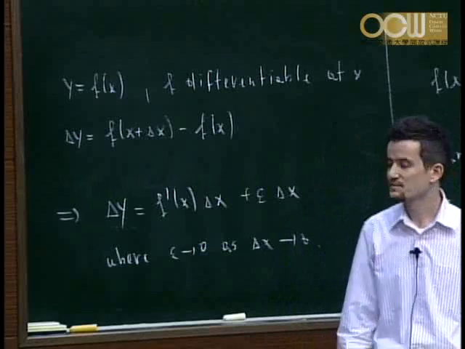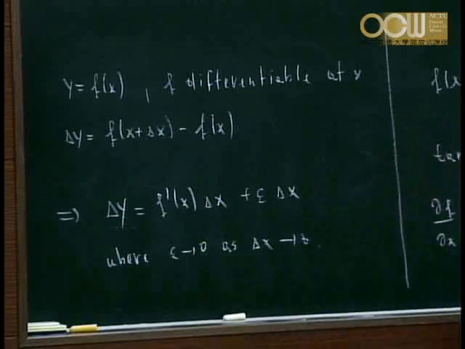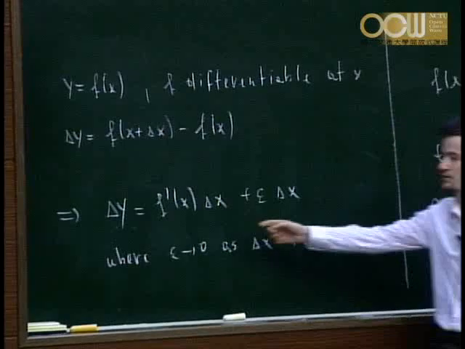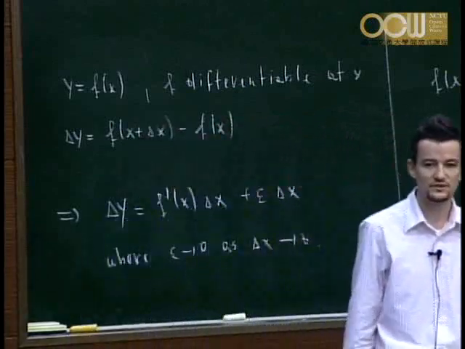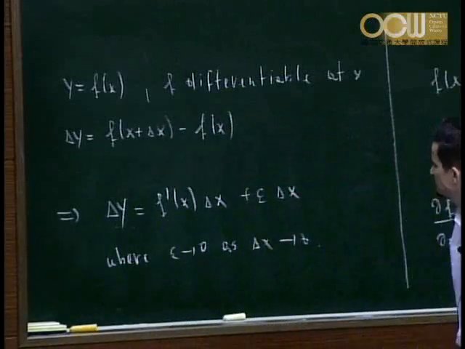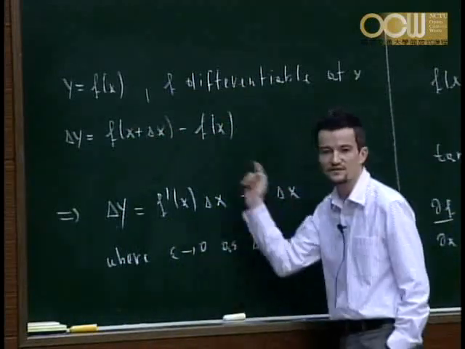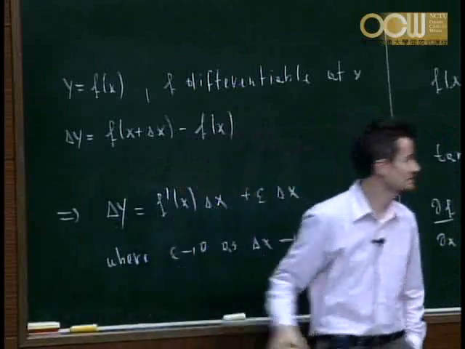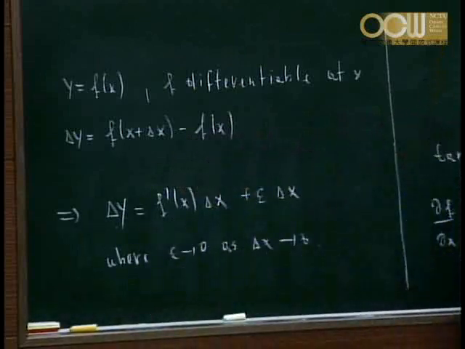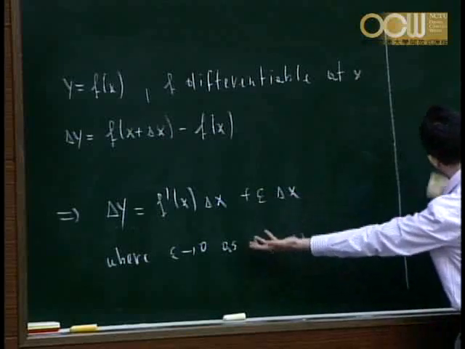Now this is what we are going to use in order to define differentiability of a function of two variables. We will just model this kind of behavior. So what is the definition? This is our starting point.